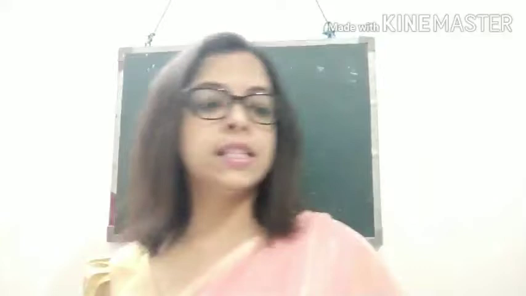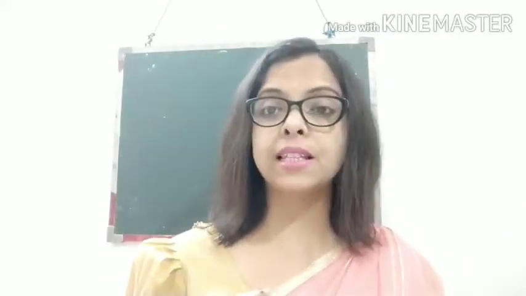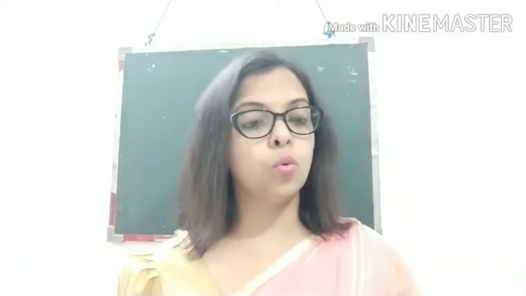So the first sentence is Bunty always bats first. So bats will become batted. Okay. So see here also the last letter T becomes double. So Bunty always batted first.